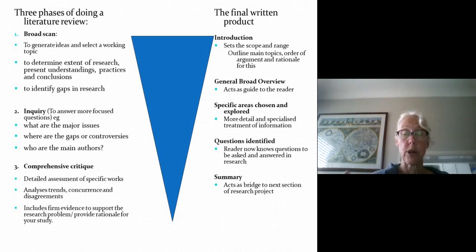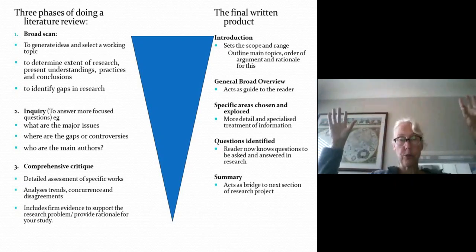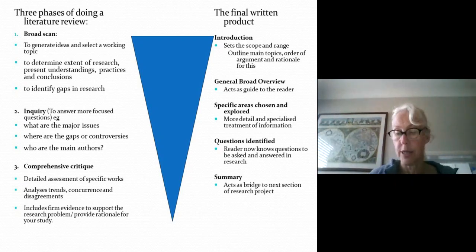We know X, Y, and Z, but what we don't know about is A, B, and C, and that's what we're going to research more. So, similarly for doing a literature review, you start very broad, and you get into the really specific details that you're interested in at the end. So there's this idea of the triangle starting broad and then getting quite narrow at the end.